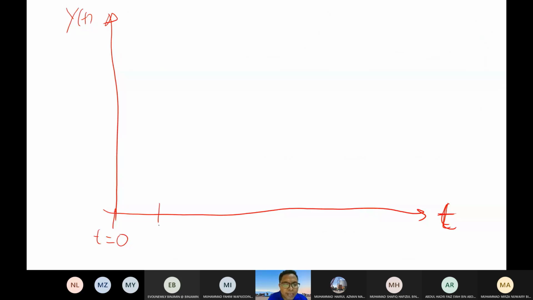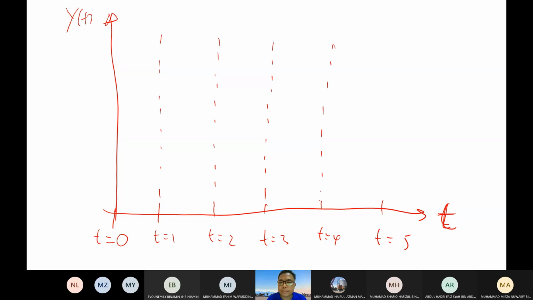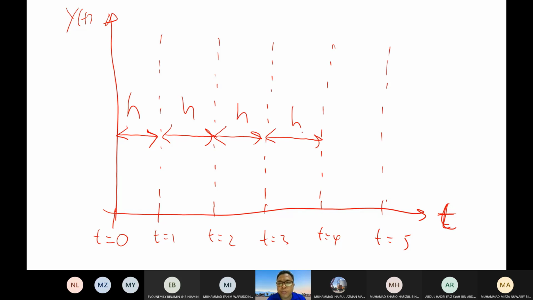So if let's say I select the next point to be 1 here, the next points to be 2, 3, 4, and 5, and I draw a vertical line for each of those t, this distance from the previous t to the next proposed t, we call it h. All of these are called h. And what is h? h we call the step size.